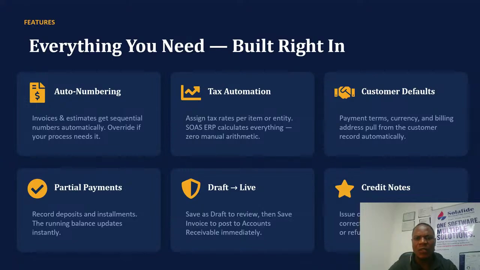Your taxes, you can auto input your taxes either at entity level or item tax level, and Solarfire calculates it and produces your final taxation reports without you necessarily having to manually do it. And the good thing is that everything is connected to the accounting reports.